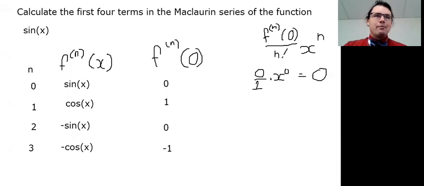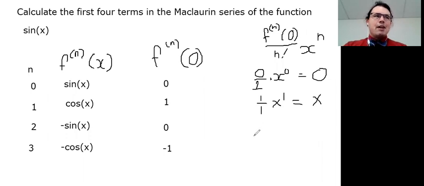Moving on, for n equals 1, I'll have a numerator of 1 and a denominator of 1, all times x to the power 1. So I'll get just an x.